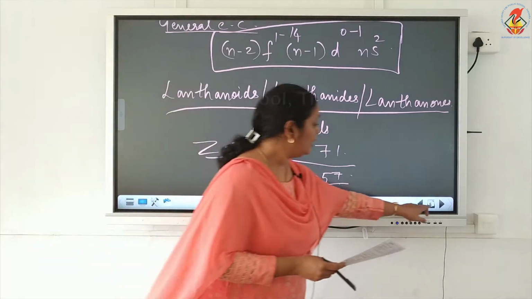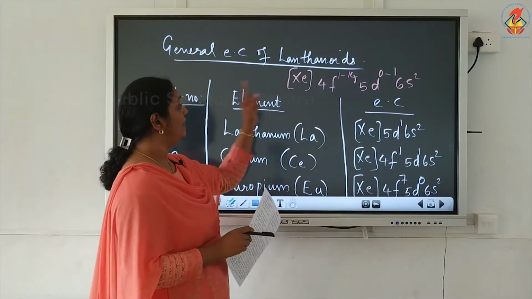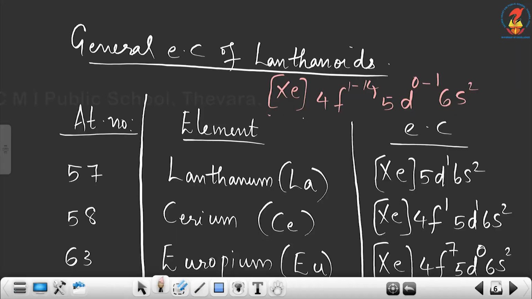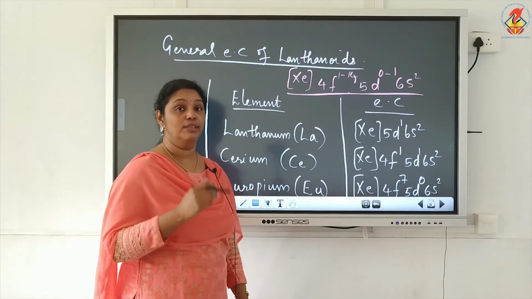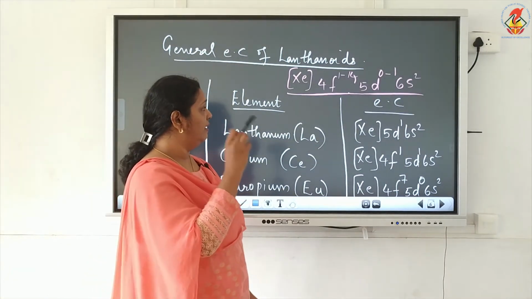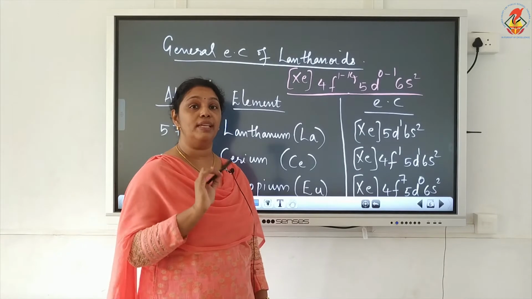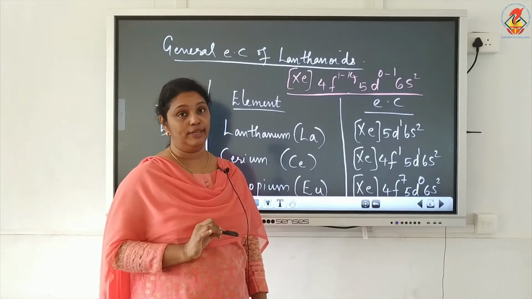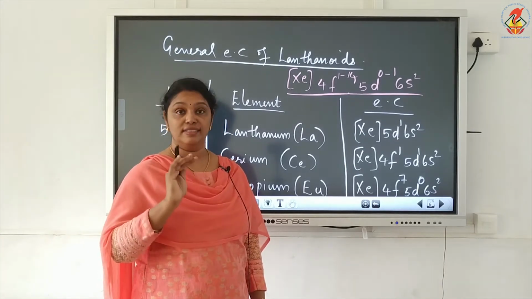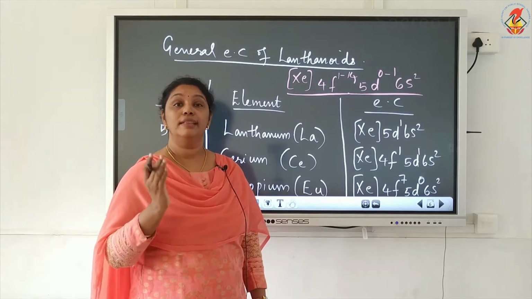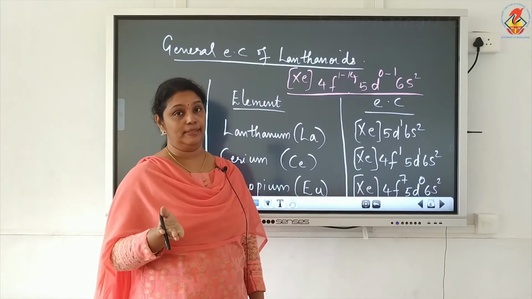Now the general electronic configuration of lanthanoids is xenon 4F 1 to 14, 5D 0 or 1, 6S2. Lanthanum is in the 6th period of the periodic table, so this 4F series is from the 6th period.